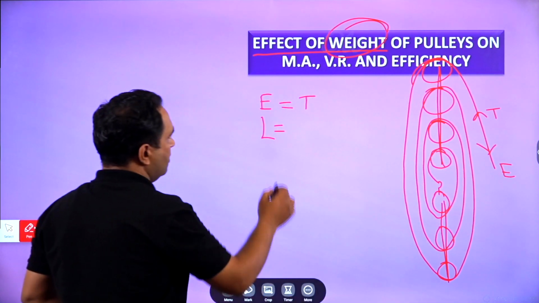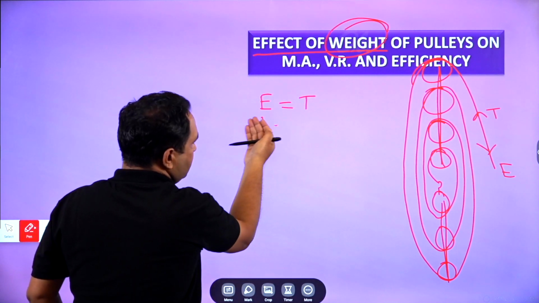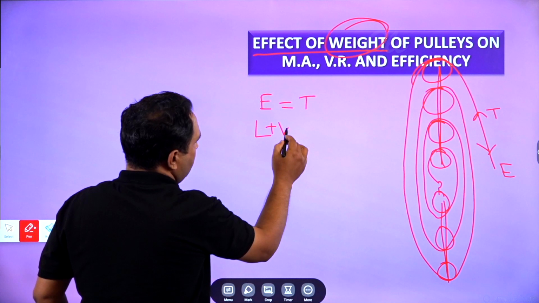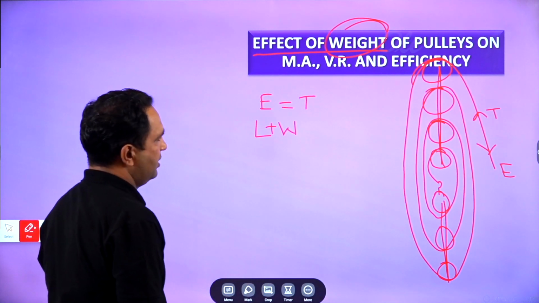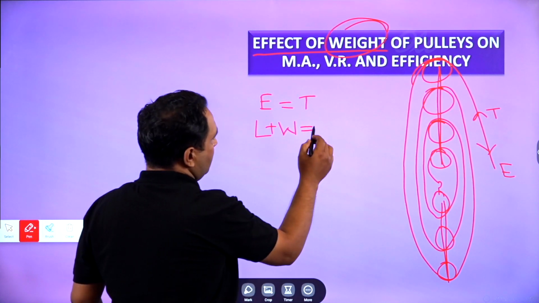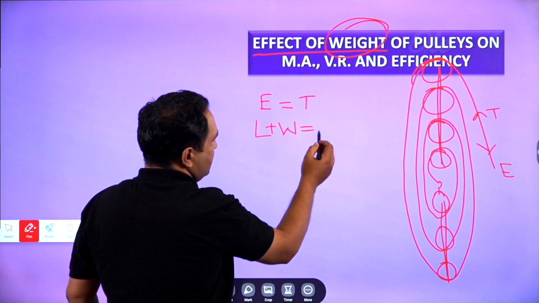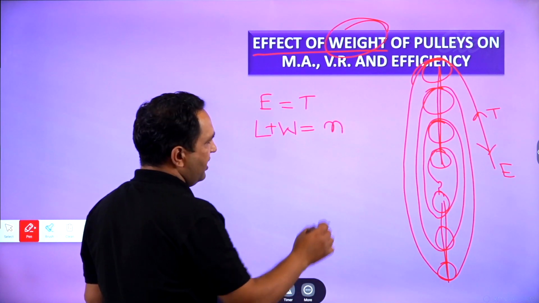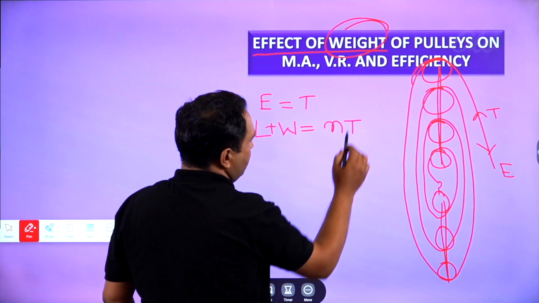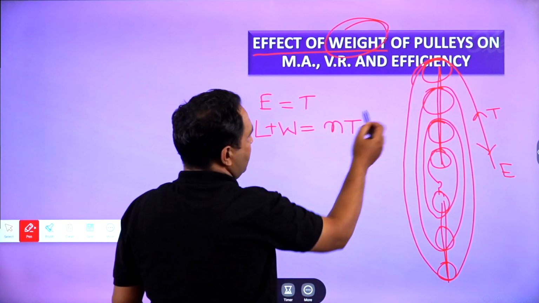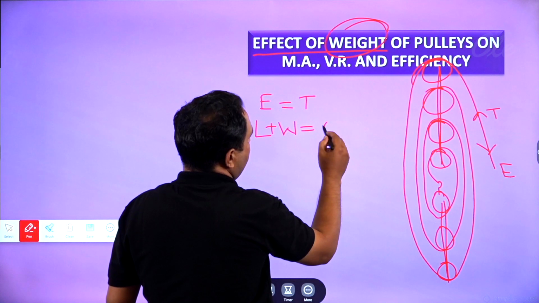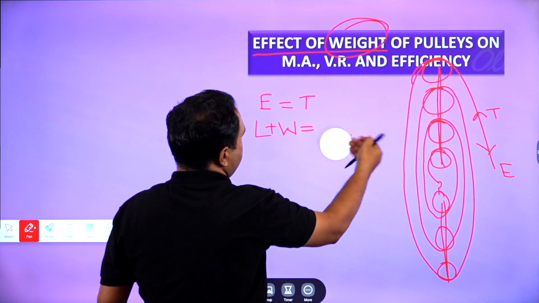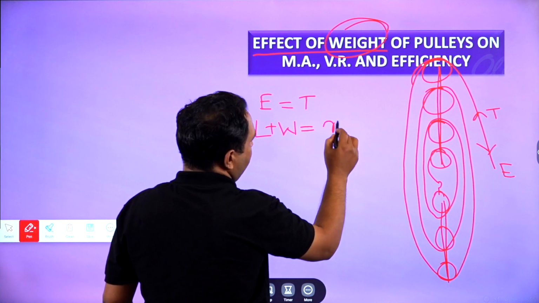So now L will not be L, it will be L plus W, weight of the pulleys, right? And L plus W will be equal to number of pulleys we are using here, N into T, right? Here if we are using 7, then it will be 7T. And if we are using N pulleys, then it will be equal to NT.